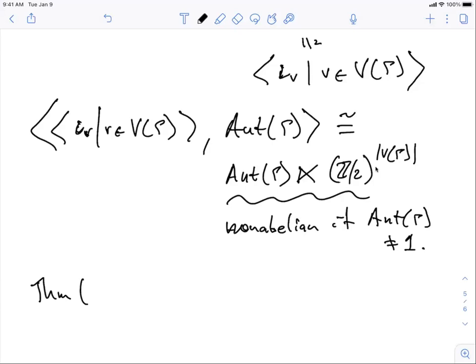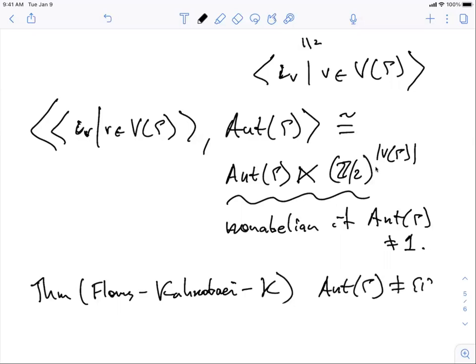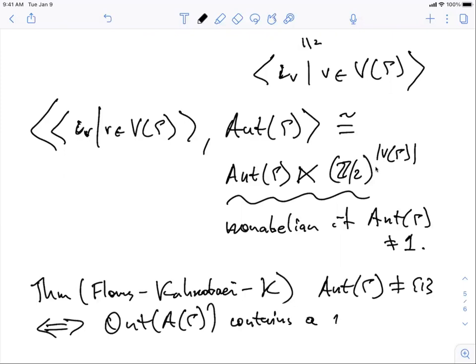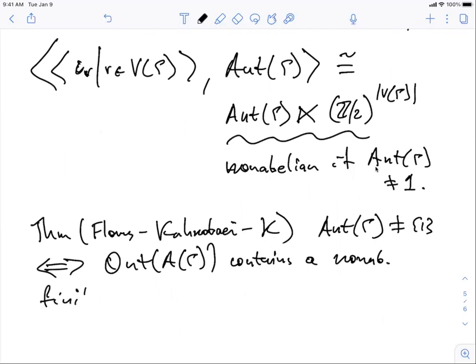So the slightly less easy direction is the converse here. So it says that Aut gamma is not trivial if and only if Out A of gamma contains a non-abelian finite subgroup.